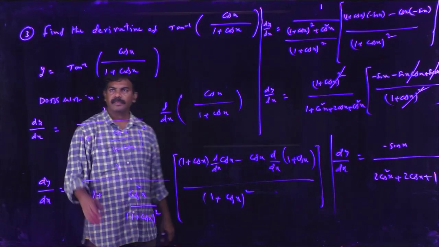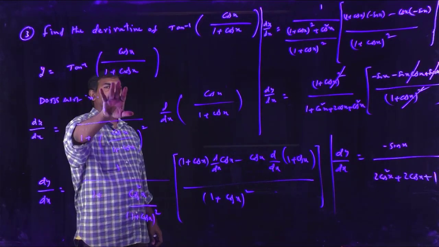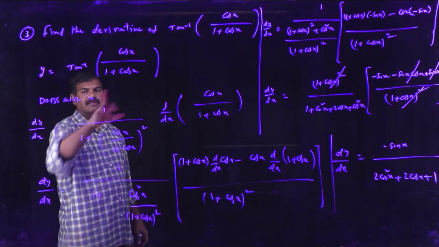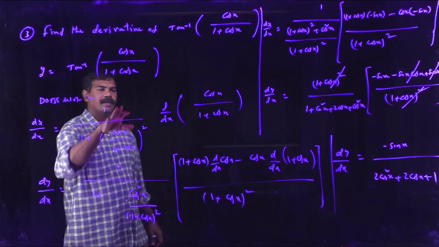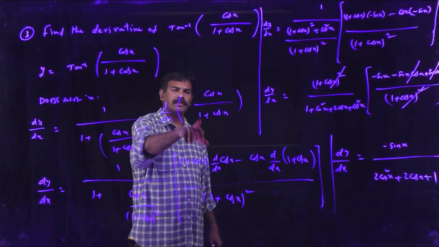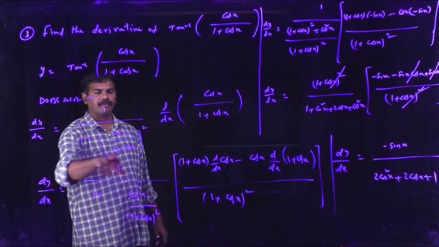Now the given function is, take y is equal to tan inverse of cos x by 1 plus cos x. It is in the form of tan inverse x. We know that the derivative of tan inverse x is 1 by 1 plus x square, and the derivative of this is cos x by 1 plus cos x, which is in the form of u by v. Here we apply the tan inverse x formula 1 by 1 plus x square.